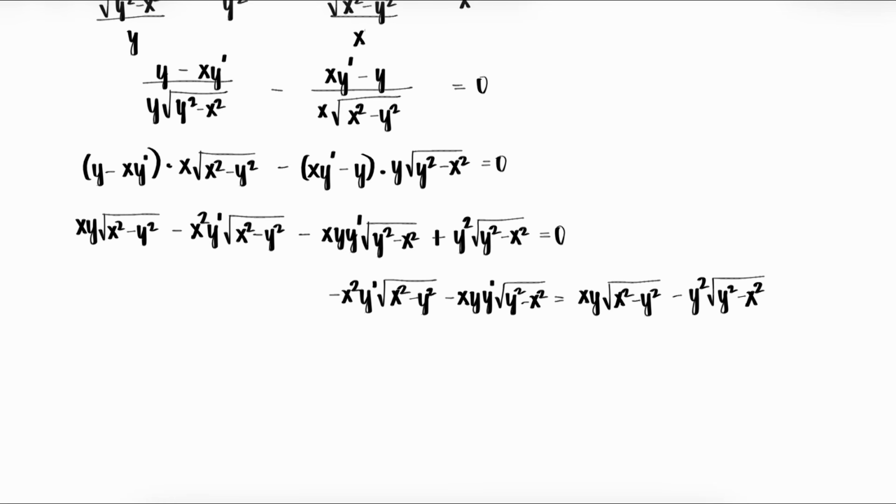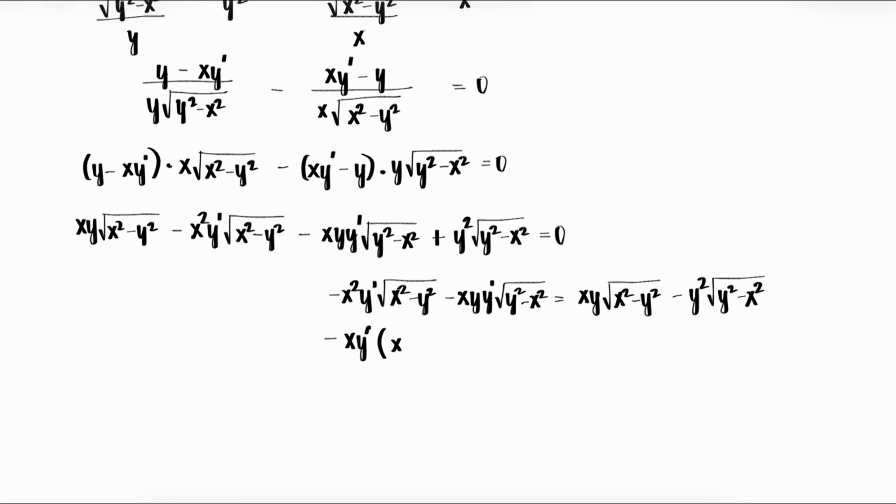And then we're going to factor out the common terms on the left side, and that is negative xy prime. What's left after factoring out negative xy prime?